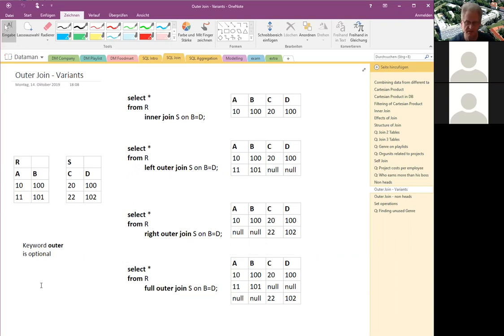So those are the outer joins. And now, before I go ahead, are there any questions on that slide? Professor, this outer join will always contain the inner join within it, isn't it? That's correct. Okay.